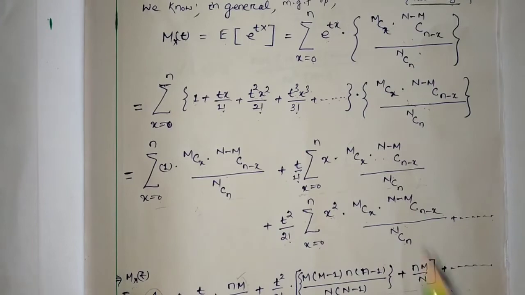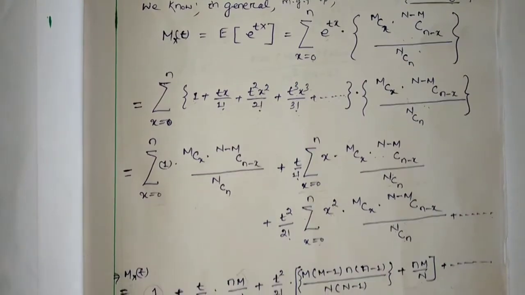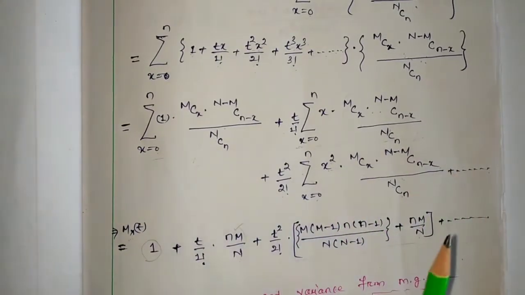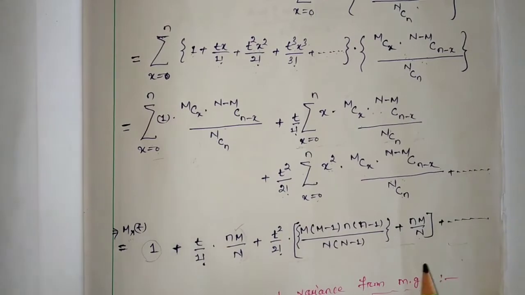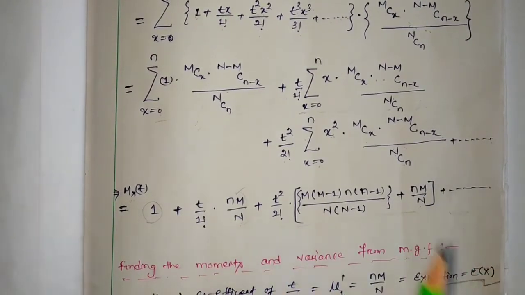As I said, since we intend to find only x and x square, I have not taken the higher orders of x, x cube, x to the 4. You may take them to find the higher order moments, but I need only the first and second moments.